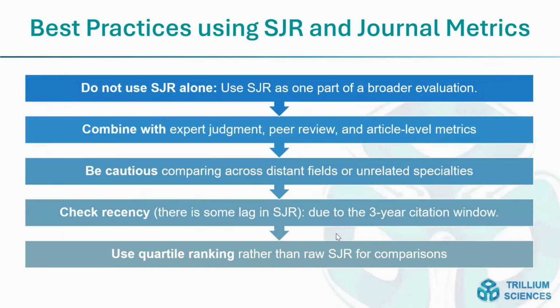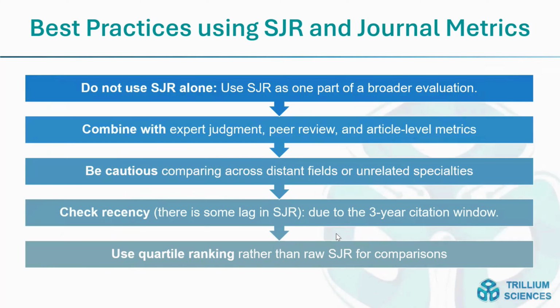So when using SJR and journal metrics and choosing a specific journal to publish in or to cite, do not use SJR alone. Use SJR as one part of a broader evaluation. Combine SJR with your expert judgment, with the peer review process, and with the article level metrics of what you are citing.